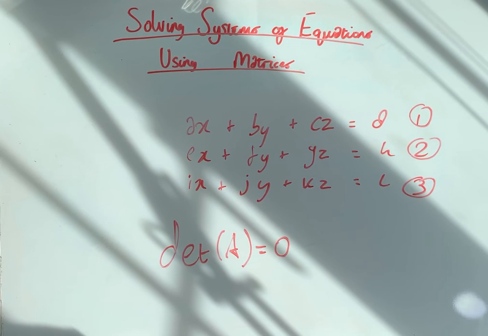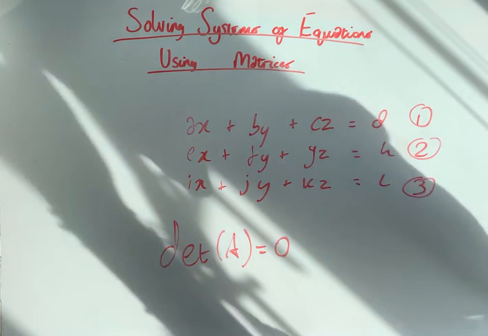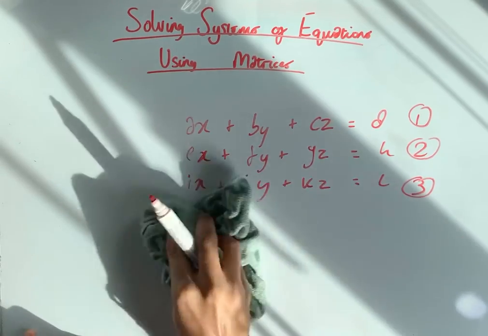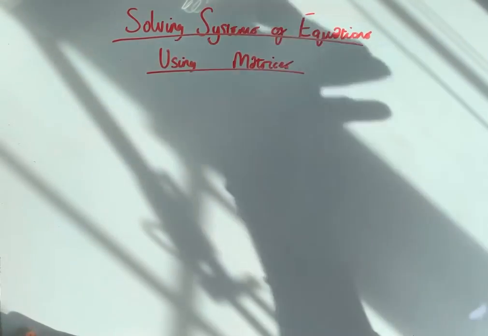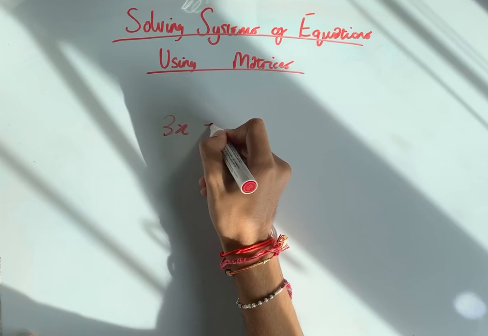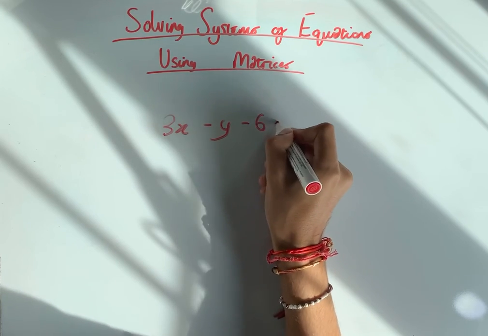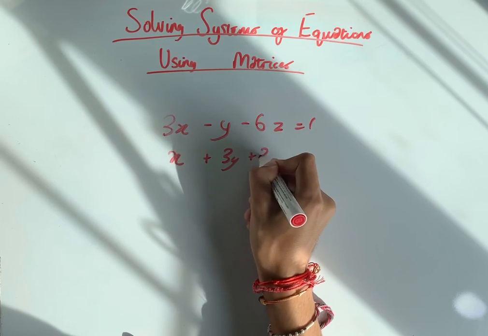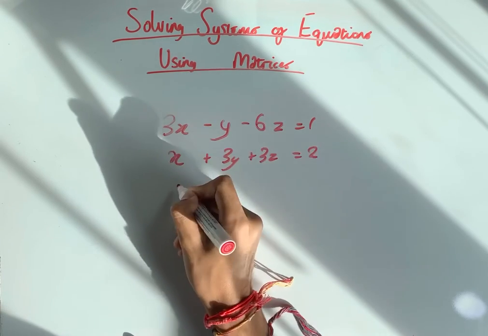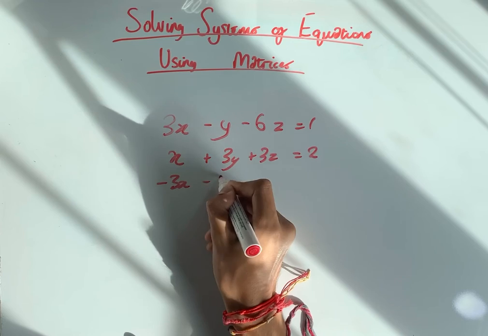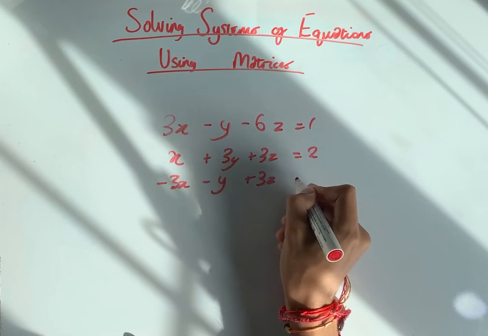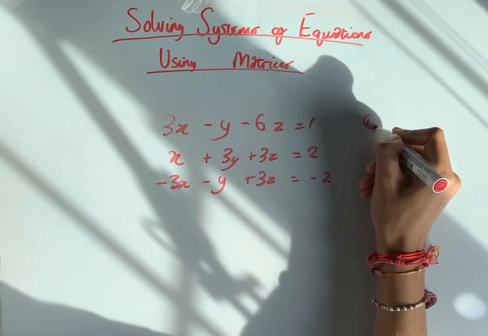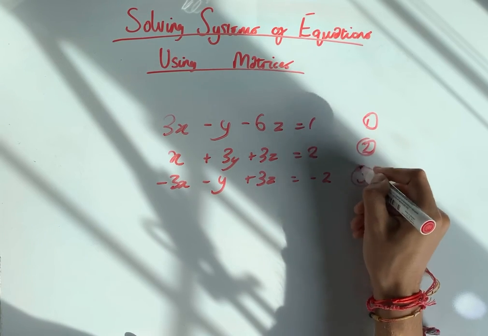We can differentiate between the two by forming two new equations. Take, for example, 3x minus y minus 6z equals 1, x plus 3y plus 3z equals 2, and minus 3x minus y plus 3z equals minus 2. Let's label these equations 1, 2, and 3.